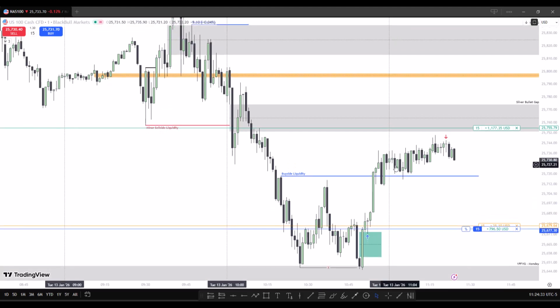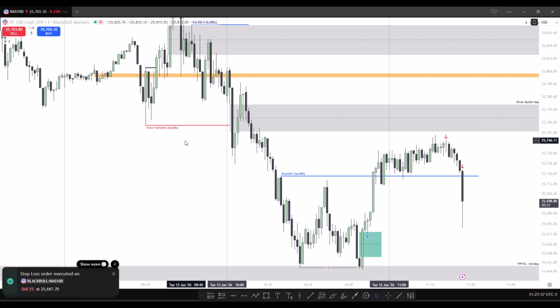So yeah, here is the relative equal highs above which we started to accumulate. You see, price refuses to go further up, and usually that means that it wants to revisit some level of discount before it continues further up. And I was thinking maybe it's going to sweep these lows with this.